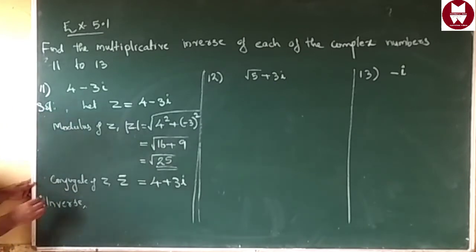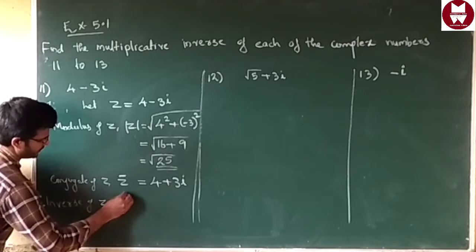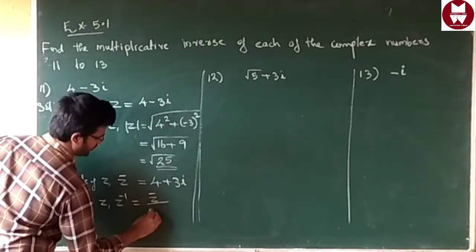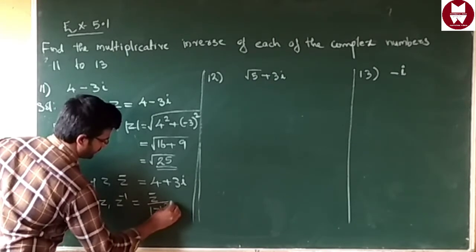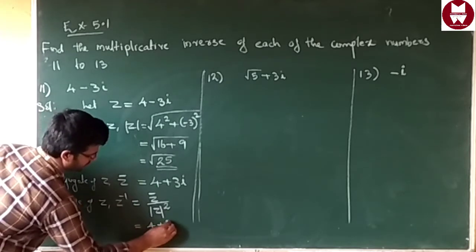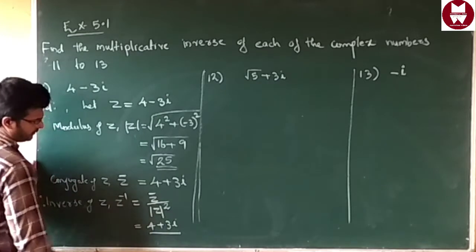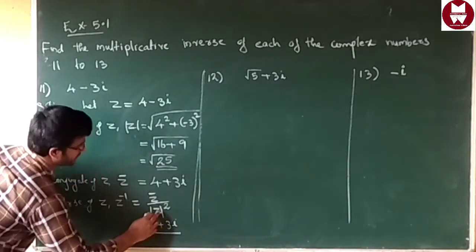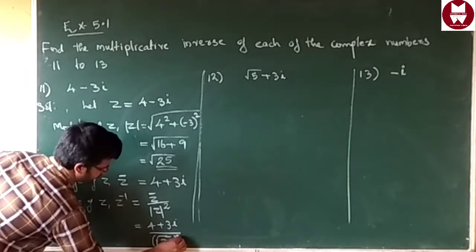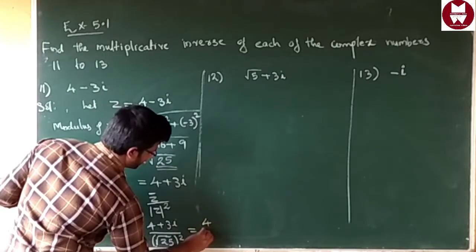Therefore the inverse of z, that is z inverse. Which formula will we use? z conjugate divided by modulus of z squared. The conjugate is 4 plus 3i, divided by the modulus of z, the square root of 25, then squared, equal to 4 by 25.